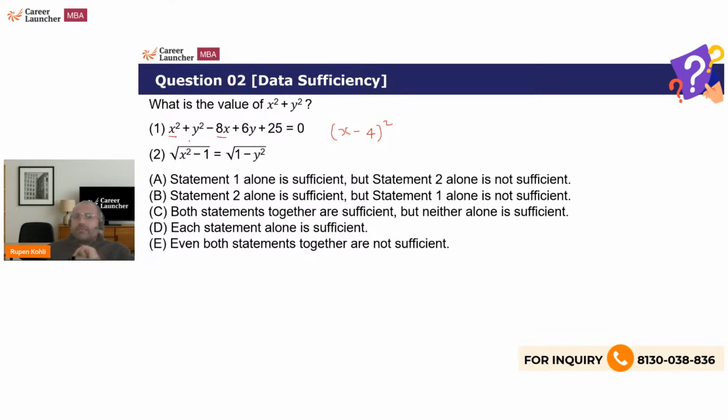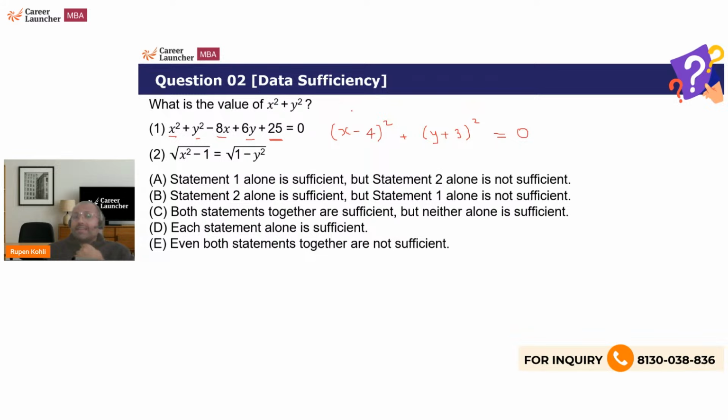Likewise for y square plus 6y, you'll do y plus 3 the whole square. That would also take care of y square plus 6y, apart from 9. This constant term 25 exactly matches the sum of the two constant terms 16 and 9. So I conclude that this expression is nothing but the sum of two perfect squares, and their sum is 0.